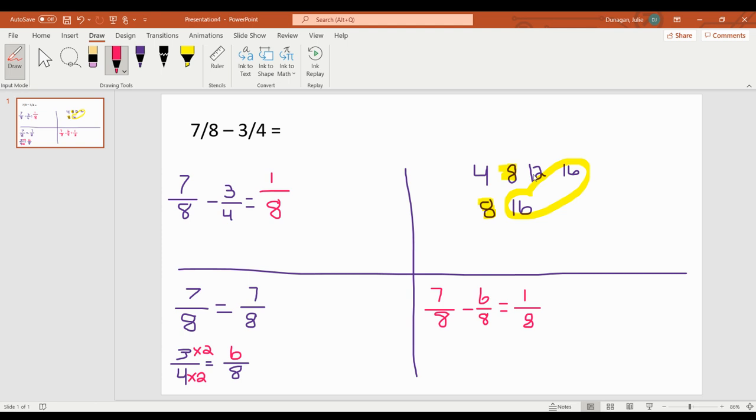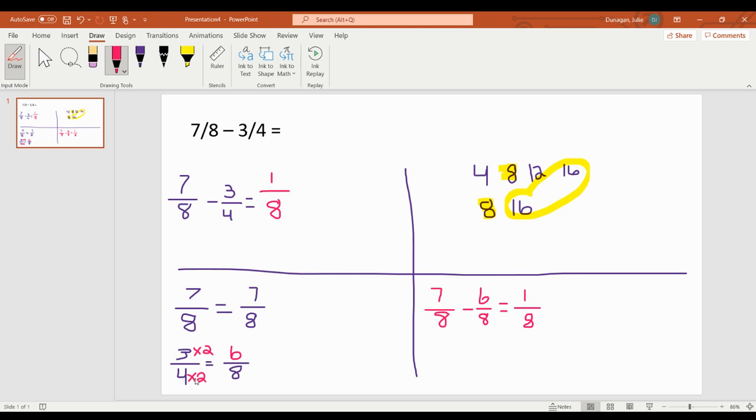So remember, most important thing is to find a common denominator. Second most important thing is to remember when you are working to find that equivalent fraction with the same denominator, that you remember to multiply your numerator and denominator by the same number.